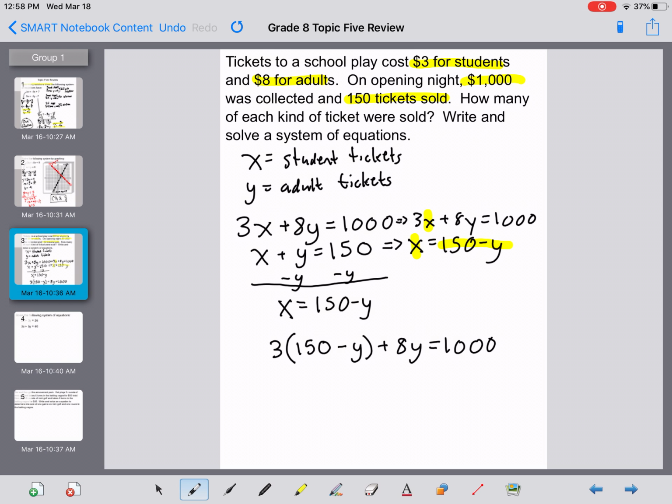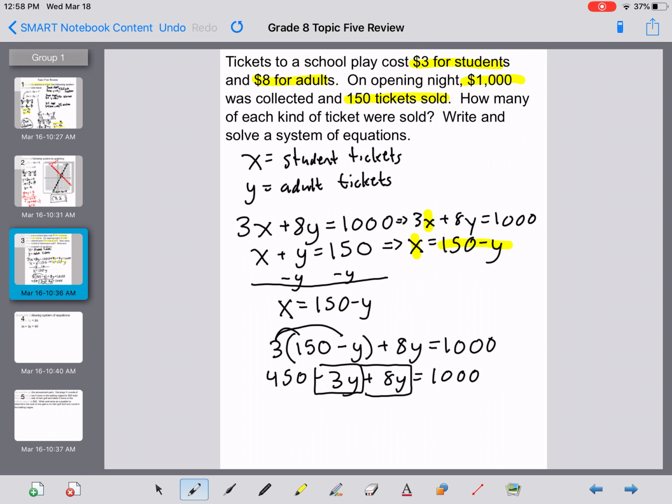Now I just have to solve my equation. When I distribute, 3 times 150 is 450 minus 3y plus 8y equals 1000. Combine my like terms: negative 3y plus 8y is 5y. So 450 plus 5y equals 1000.